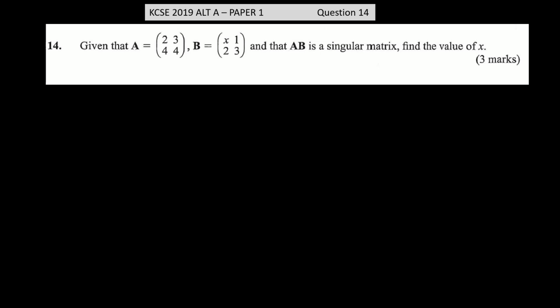The first thing we have to note here is, what do we call a singular matrix? If a square matrix has a determinant of 0, then we call that matrix a singular matrix.